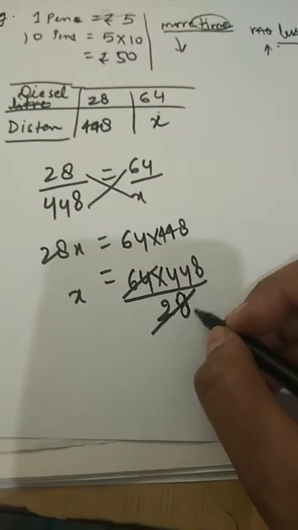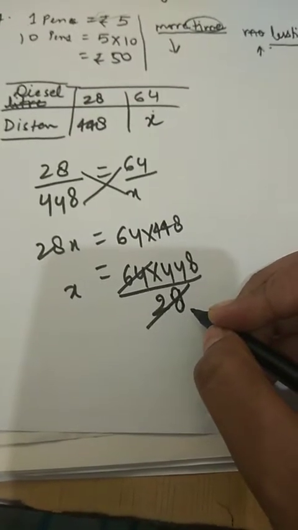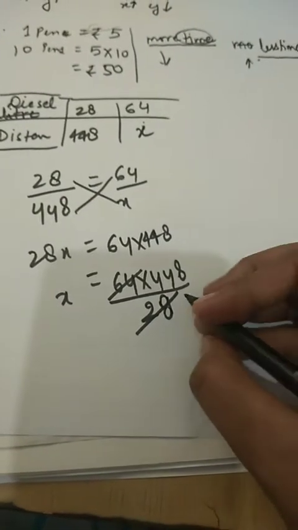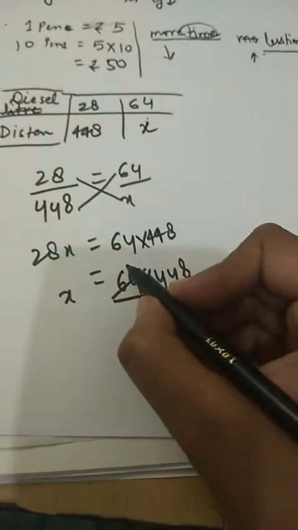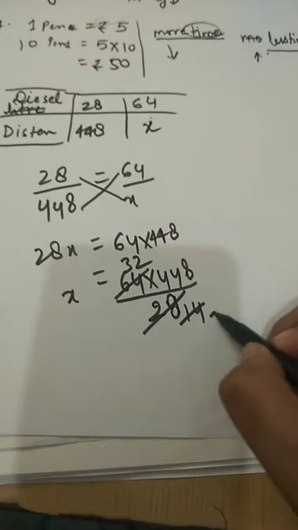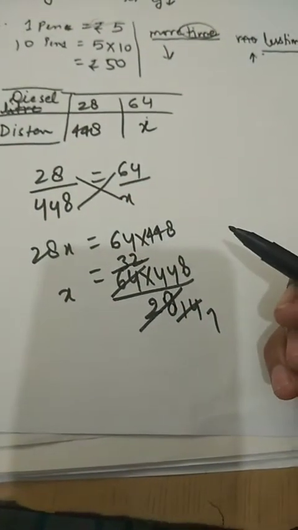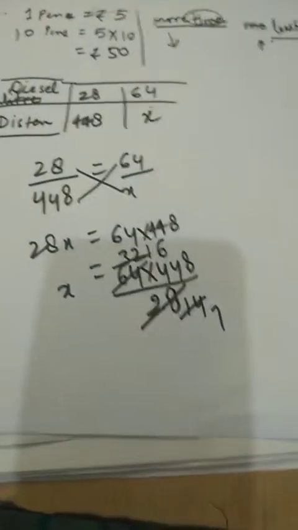We can cancel it with 2. If you don't understand with which number we should cancel, you can cancel it with 2. It will be 14, 2 3s are 6, 2 4s are 8, and then it will be 7, and this will be 2 7s are 14 and 2 16s are 32.